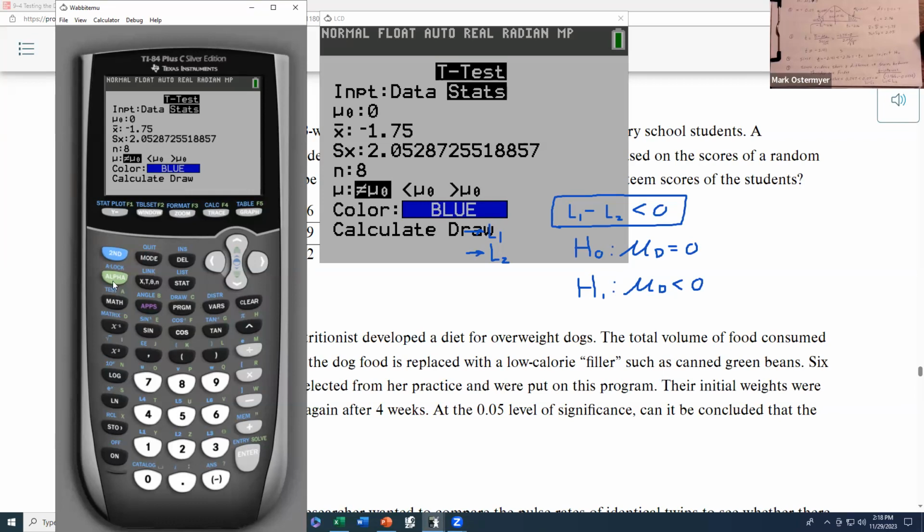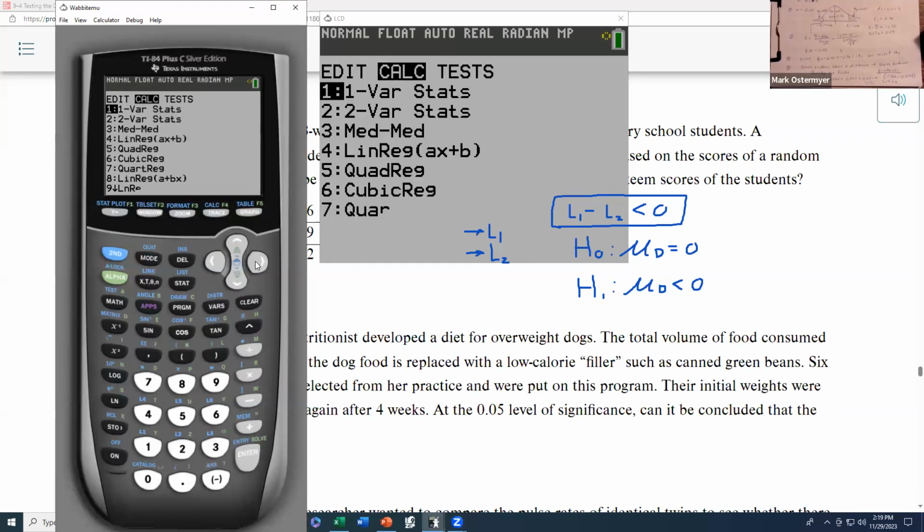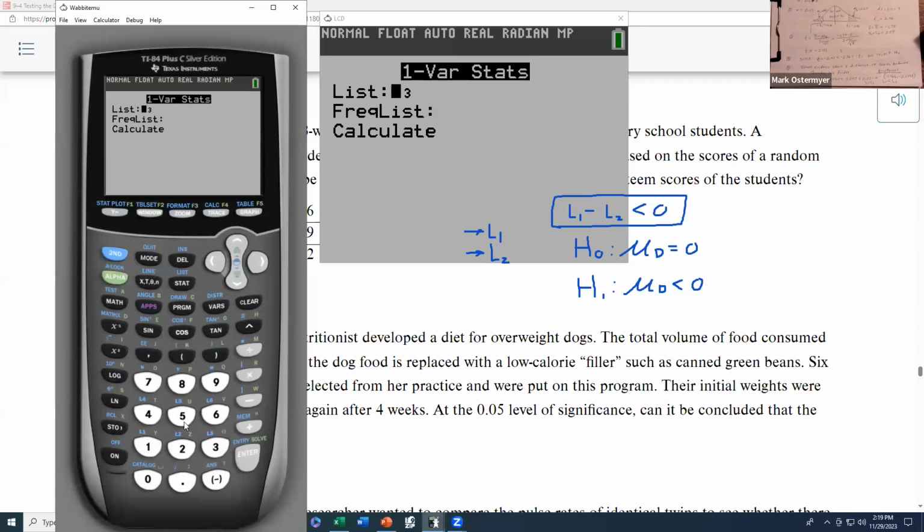Hold on a second. Looks like we have to use, in this case, I did put the data in list one and list two, but to do the t-test on this, we're going to need to know D bar. So we'll have to go to stat, calculate, one var stats for list three.